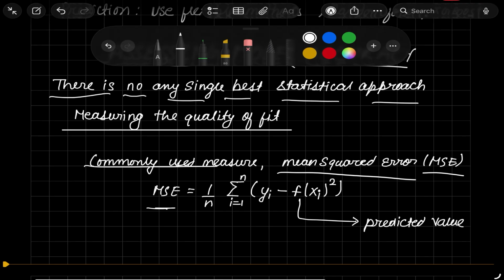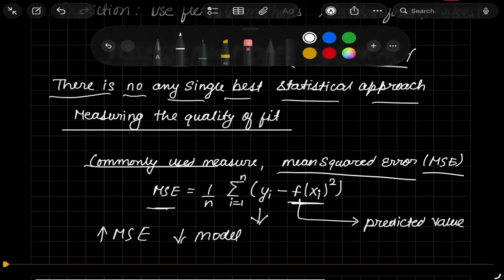What we do is take our real value, the ground truth, and compare it with our predicted value, and then we see how much difference there is between them. Then we square it and we take the average of it. The higher the MSE is, the worse the model is.